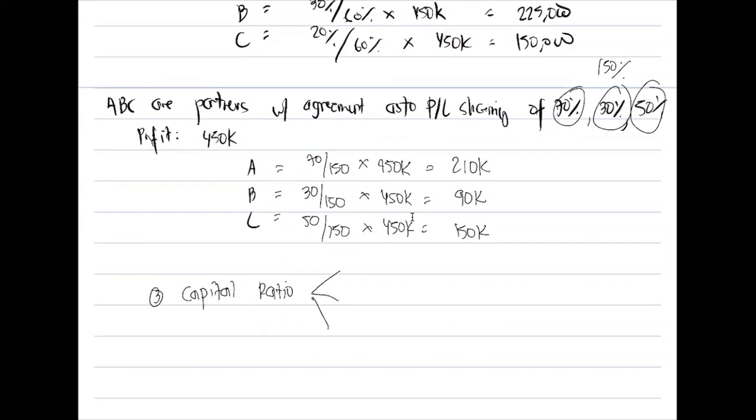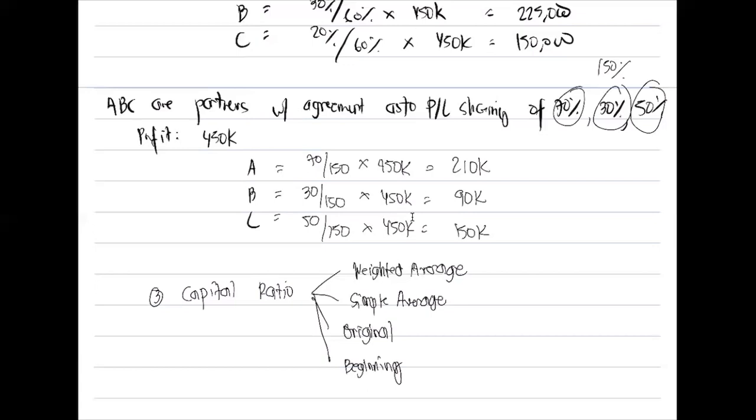It can be weighted average, we also have your simple average, we also have your original, and then we have your beginning capital. So original, weighted, simple, original, or beginning.